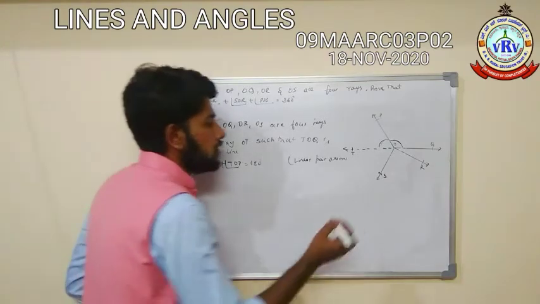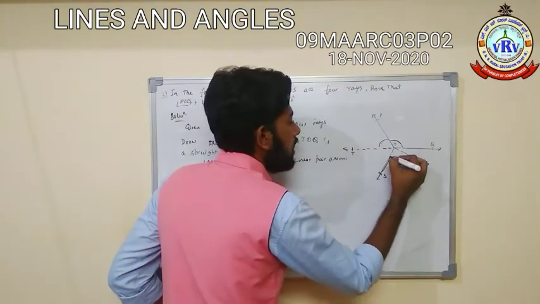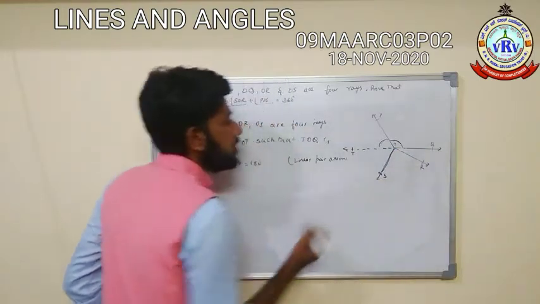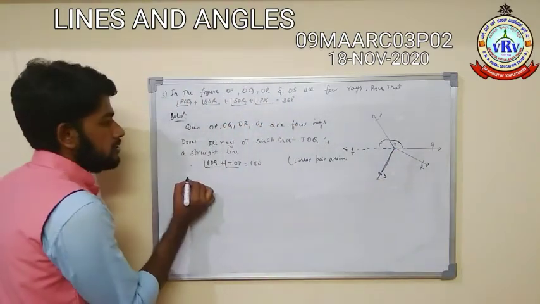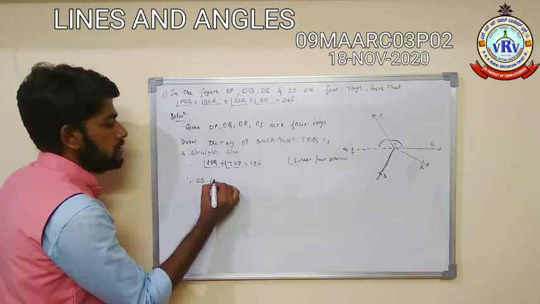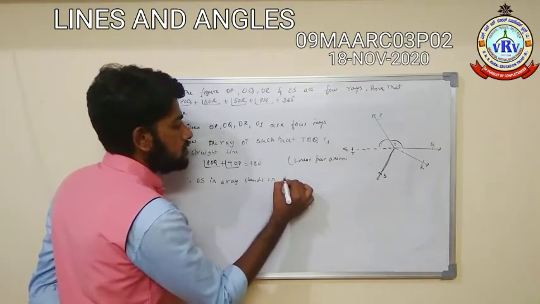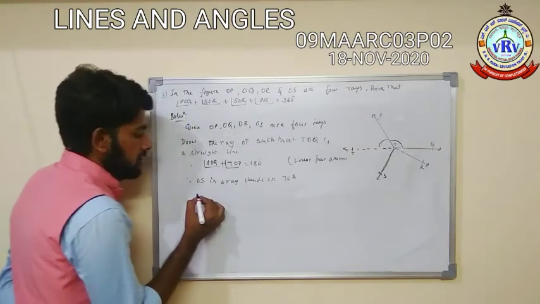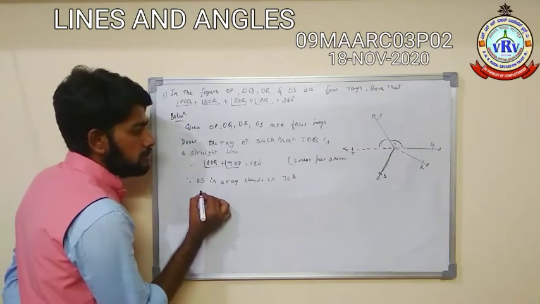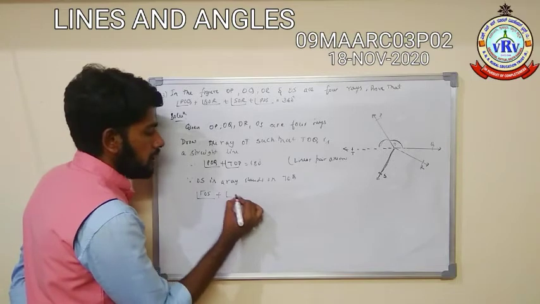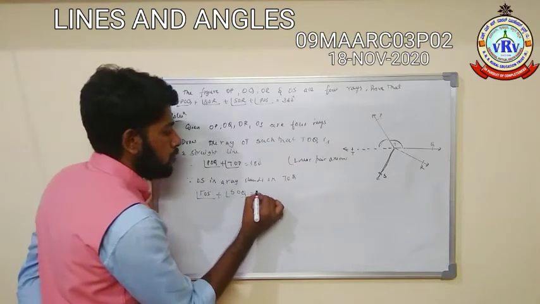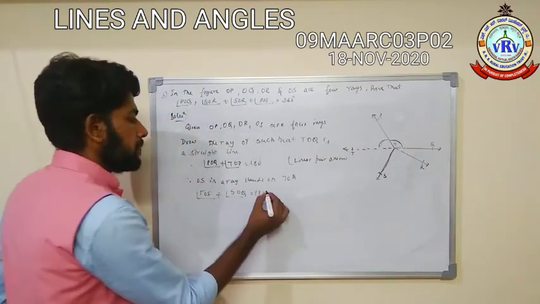Next, now check here. If I take OS is a ray standing on TOQ, then their sum, angle TOS plus angle SOQ, is equal to 180 degrees.